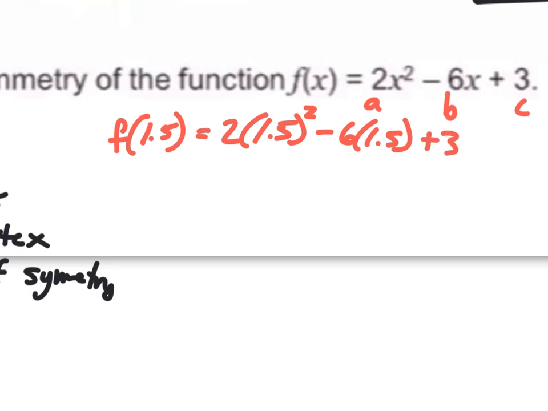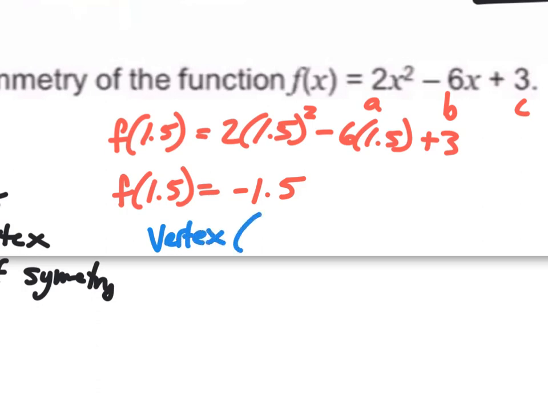Let me put that in the calculator and evaluate. After doing all the math, I get a value of negative 1.5. So my vertex is at the point 1.5 comma negative 1.5.